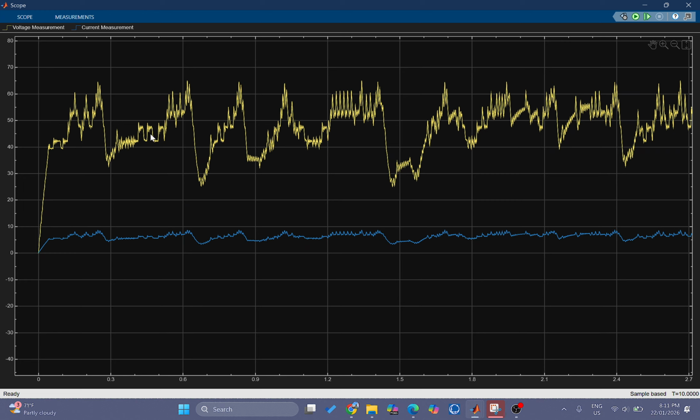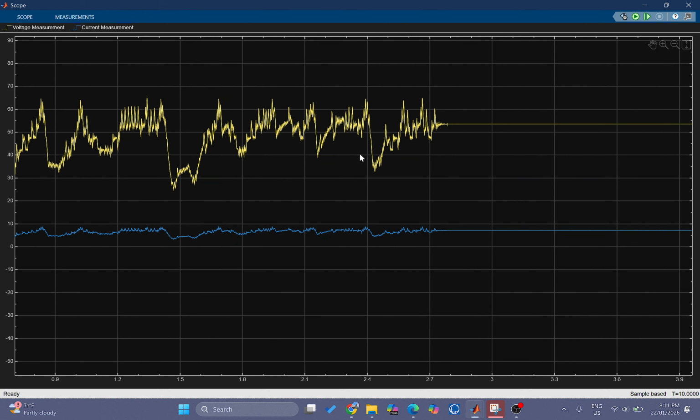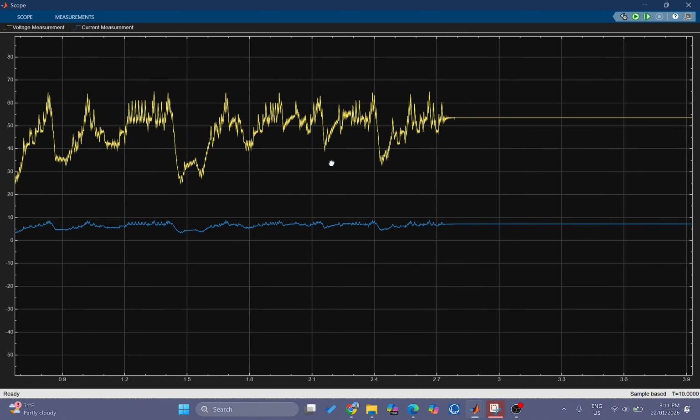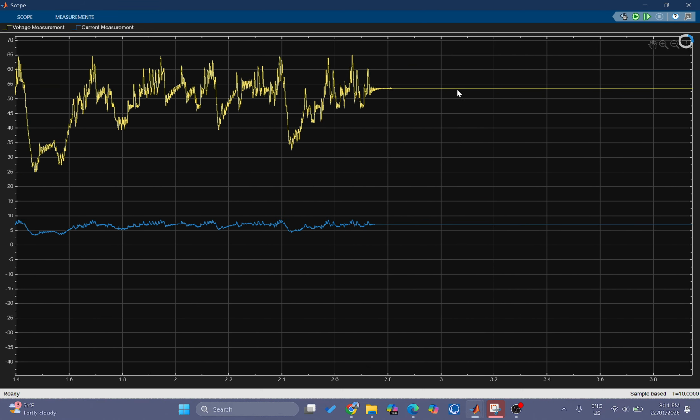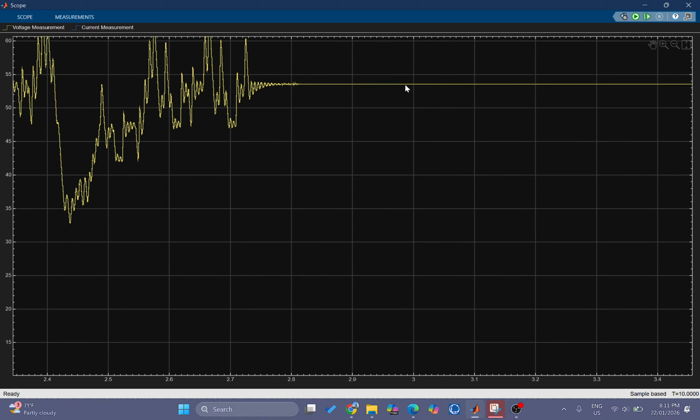Then after that, once convergence is achieved, the DC voltage and the current are stable. Look at here, it is stable.